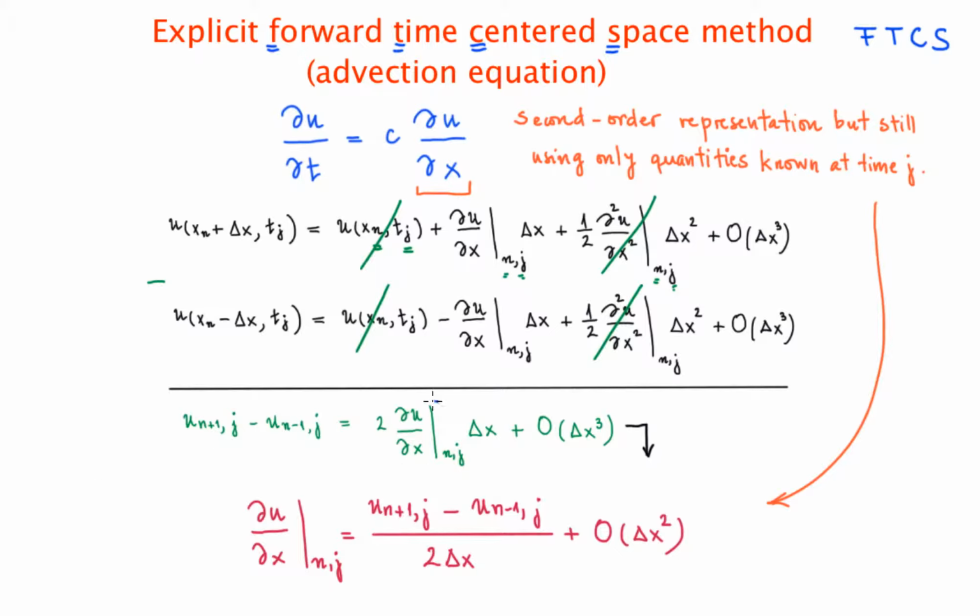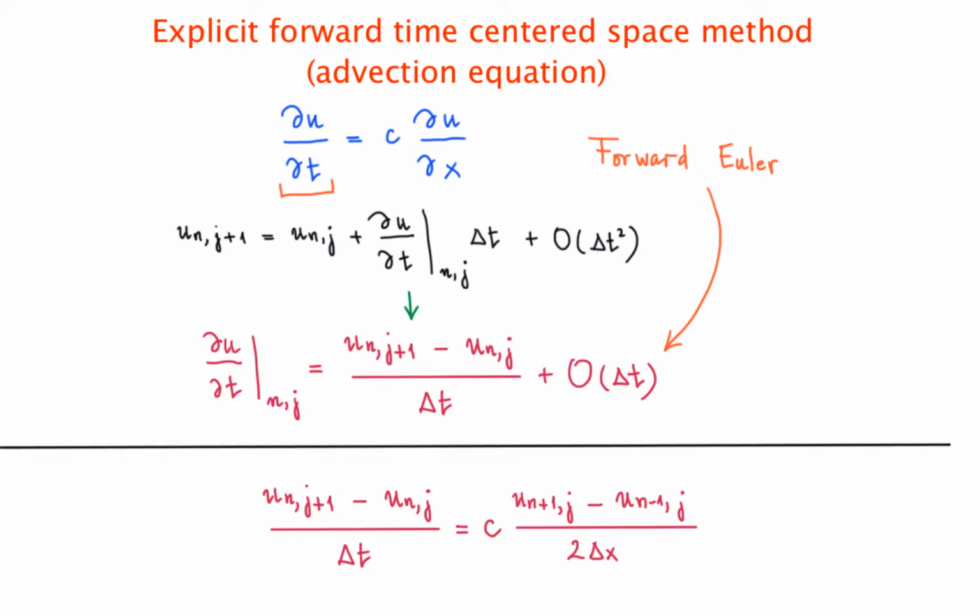So this is the one that we have already gotten for one of the terms in the equation. Now we are going for the other one, the partial derivative of u with respect to time. Here we're going to consider a first order representation for that. That's what is considered in this finite difference method.